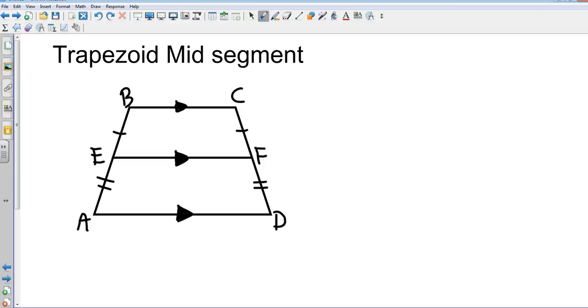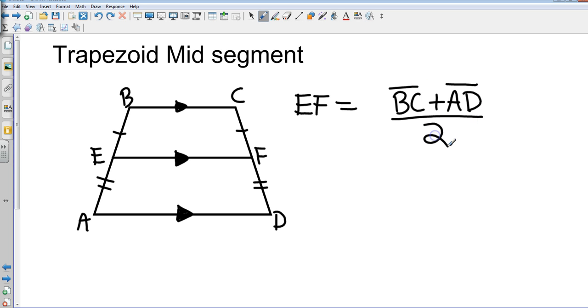What that's going to tell me is my mid-segment, which is EF, is equal to, if I add my other bases and I divide that by 2.